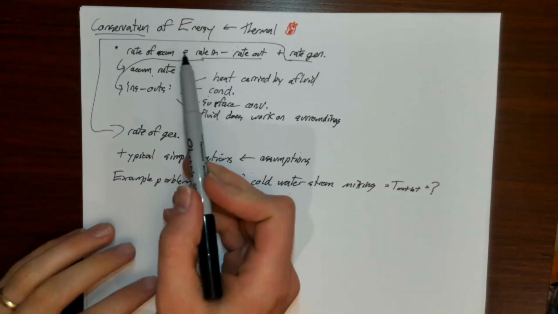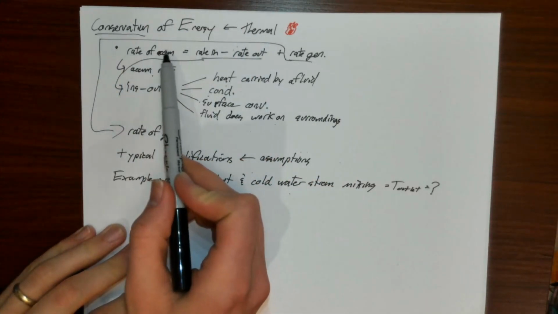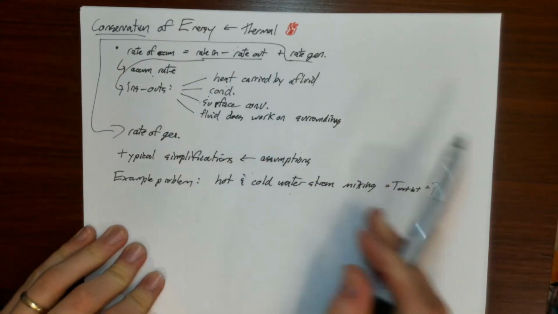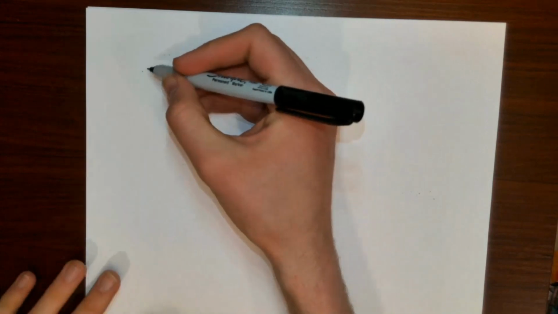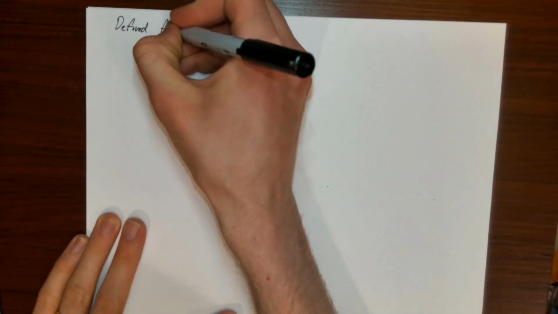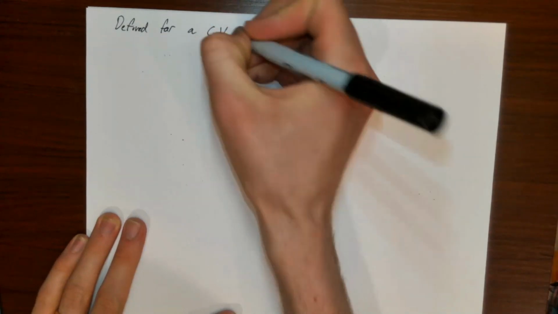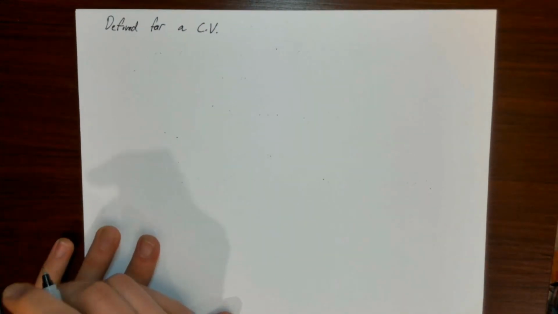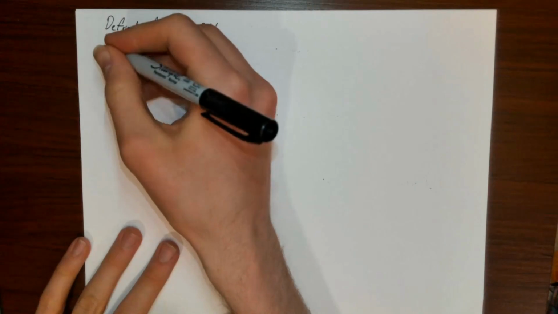So let's start by putting in this equation where we have a rate of accumulation, some ins and outs, and generation. So let's go ahead and put it down. It's defined for a control volume.